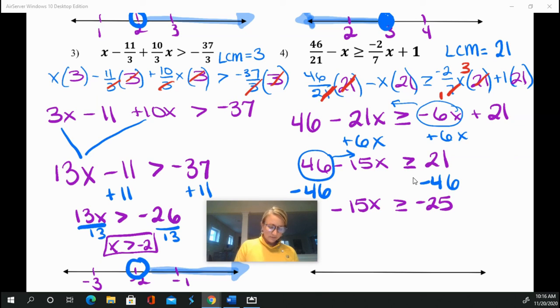So this is an example where we're not going to get an integer solution, but we are going to get an easy fraction to interpret.